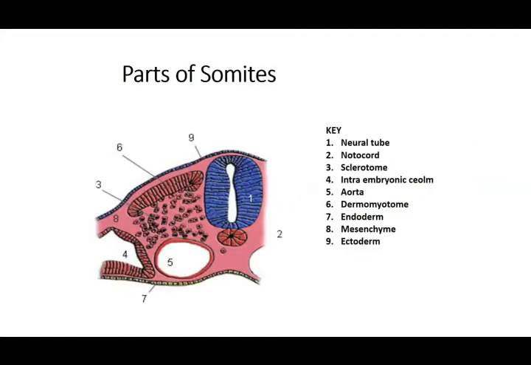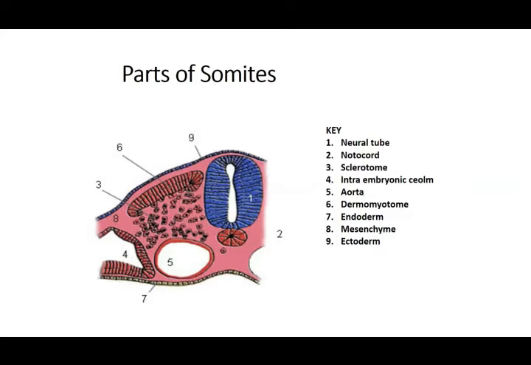If you see in this picture, the blue center is your neural tube, that is number 1. Number 2, below it, is your notochord. Then the somite on the sides is broken up into its components. The dorsolateral portion forms the sclerotome and spreads out.